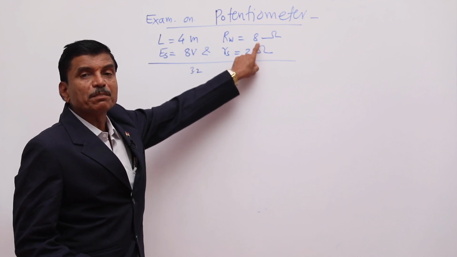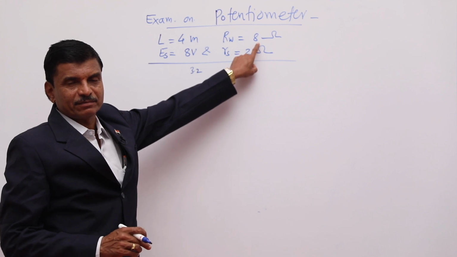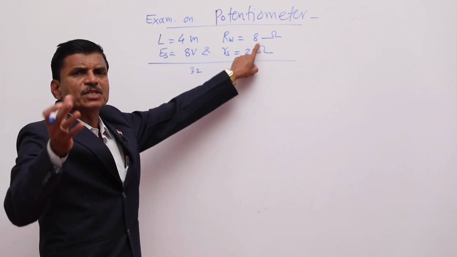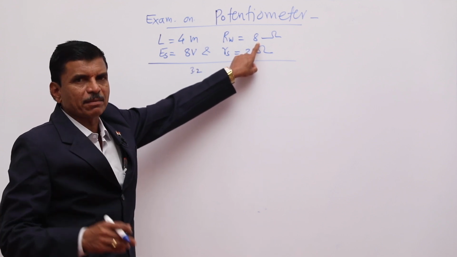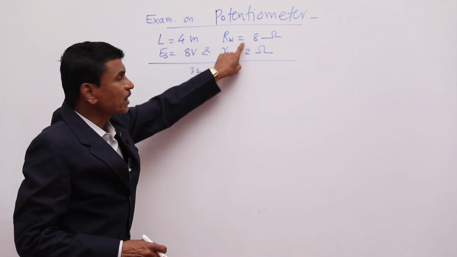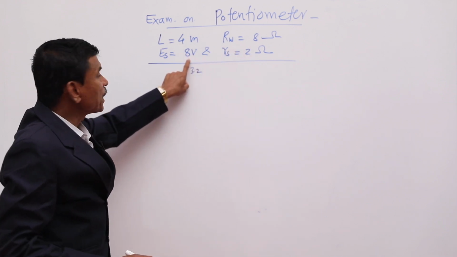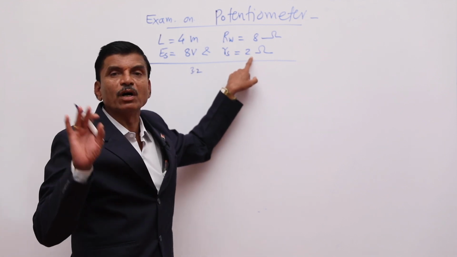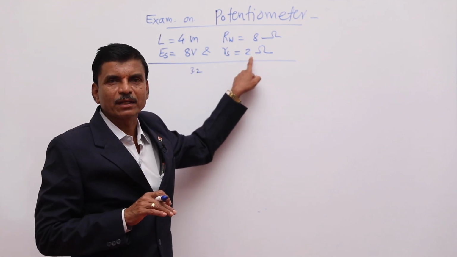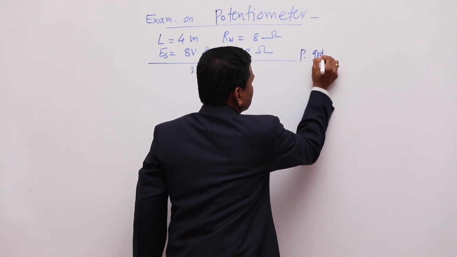When connected with a battery or accumulator, which is a series of cells having larger PD, larger EMF. When this wire is connected with an accumulator having EMF 8 volt and internal resistance 2 ohm. Okay. Calculate potential gradient.